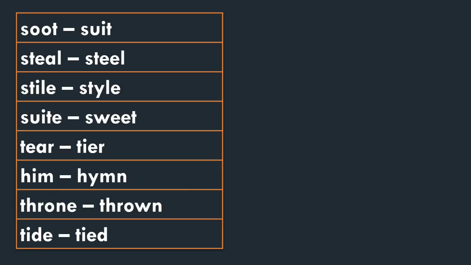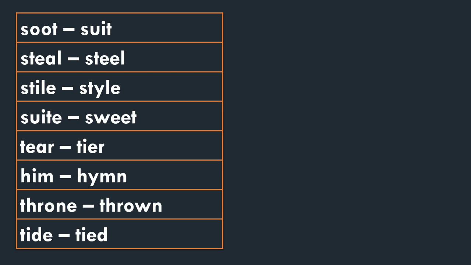Next pair of homophones is soot, S-O-O-T, and suit, S-U-I-T. Soot means black powder that is produced when wood, coal, etc. is burnt. And suit is a set of clothes which is made from the same cloth. Next is steal and steel.